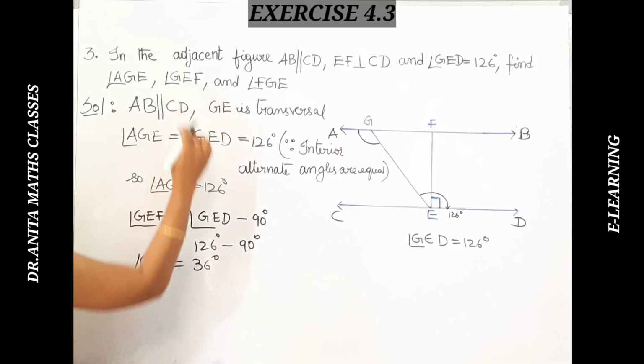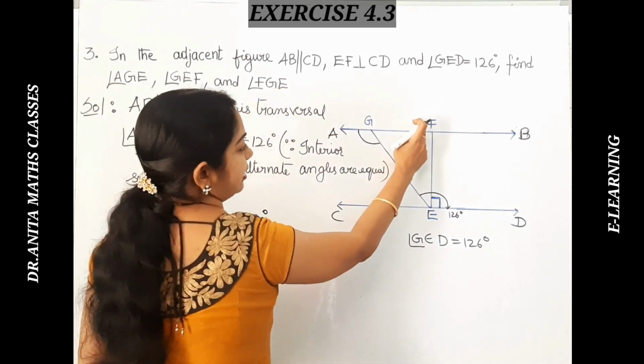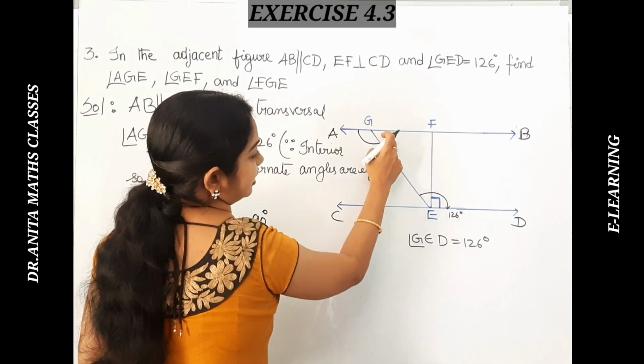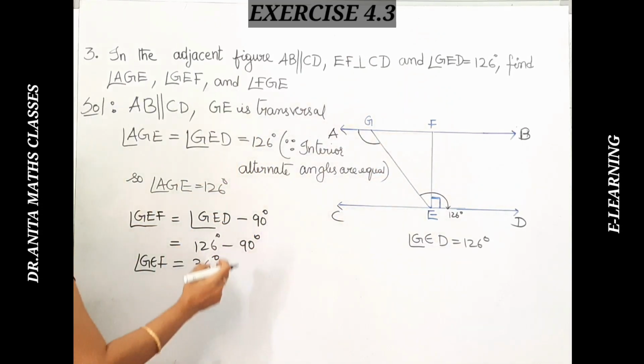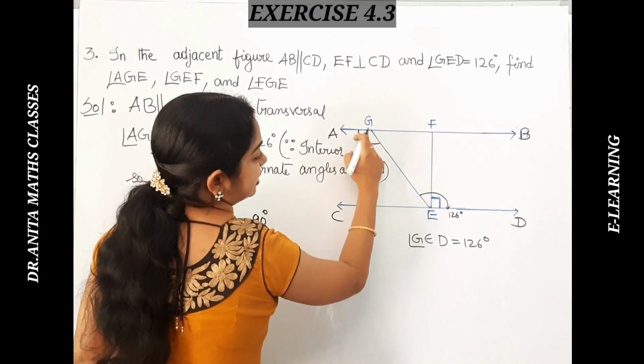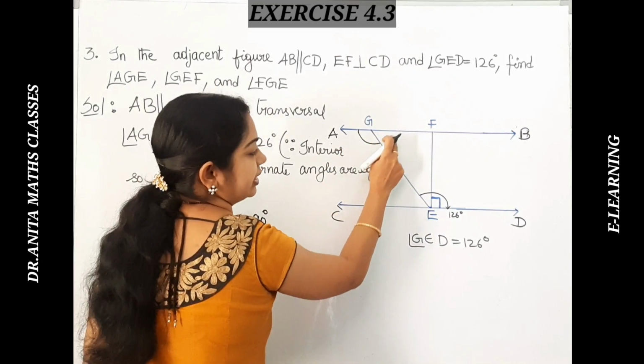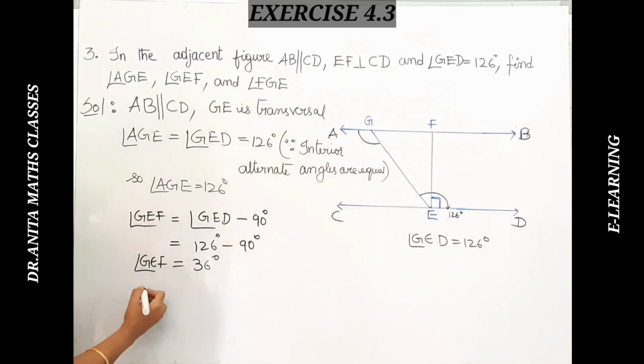The second one we got. Now we need to find FGE. Where is FGE? F, G and E. This part we have to find. If you see, this is a straight line AB, and the angle on a straight line is 180. So this we got as 126.